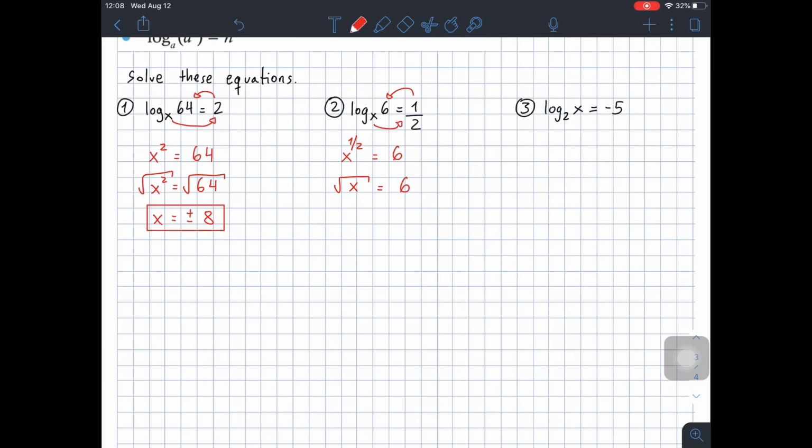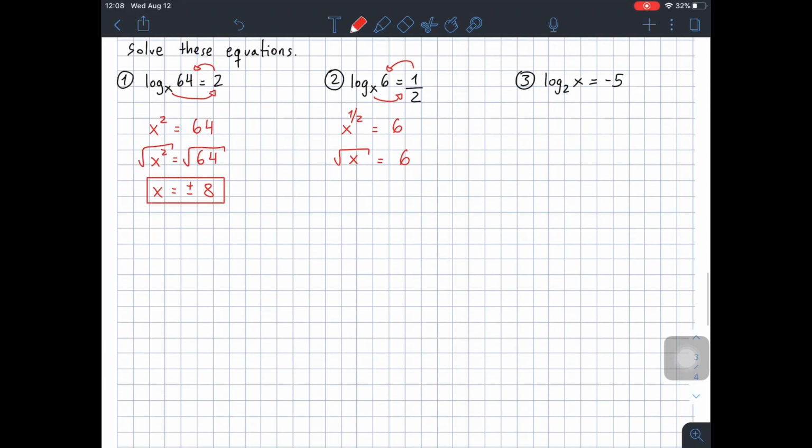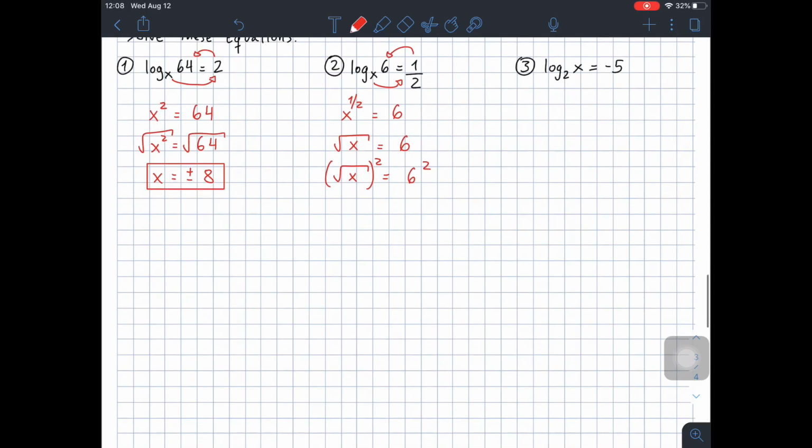So if I want to solve for x, I need to square both terms. I'm going to write this squared should be equal to 6 squared. So I can eliminate the square root. So this is x equals 6 squared, that's 36. And this would be the answer for x.